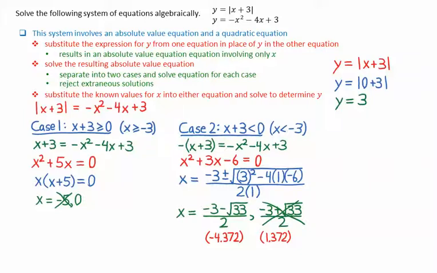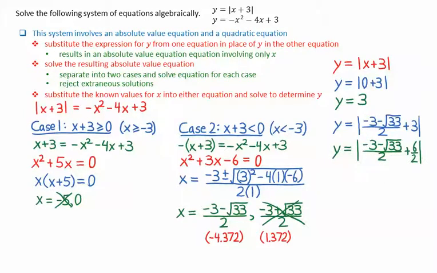For the second x value, negative 3 minus root 33 over 2, plus 3 inside the absolute value. To simplify this, we'll get a common denominator of 2. So we'll rewrite 3 as 6 over 2.